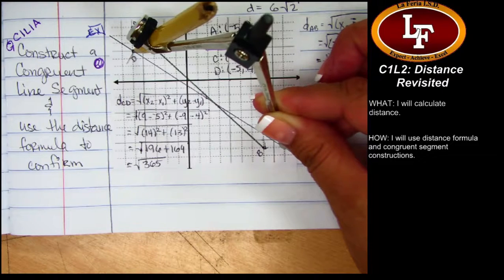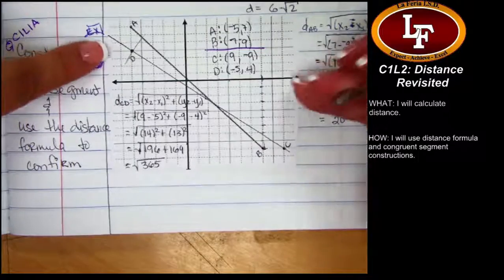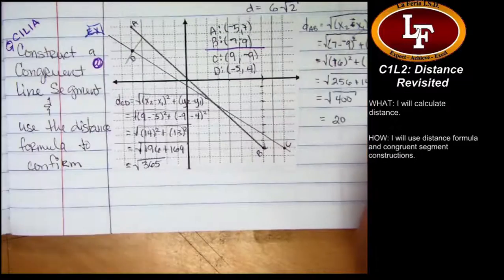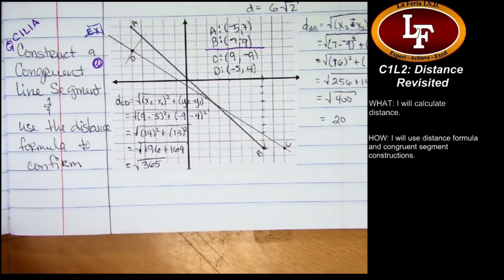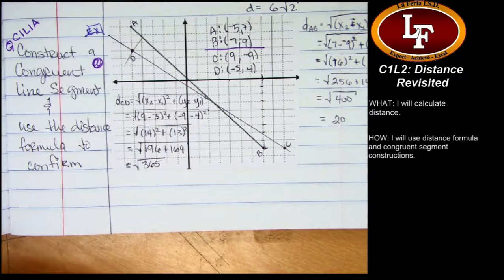So there's something going on between the numbers, and it's likely because this graph might not be perfectly square. If you notice, those squares are more like rectangles, and that's probably what's causing this error. I think that if I were to take the square root of 365, I'd get something really close to 20.